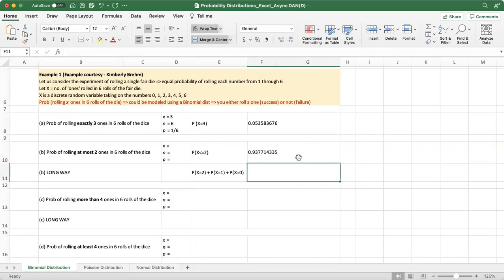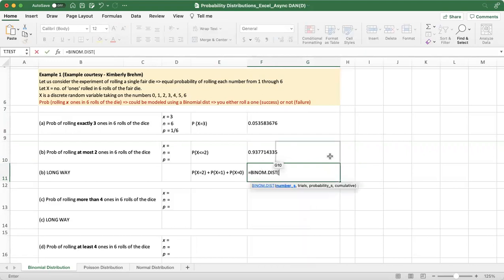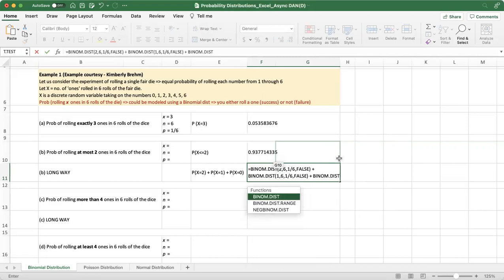Now I can actually check if this is indeed the correct answer by manually doing it the long way. So I want to do binom.dist of 2 successes, 6 trials, 1 in 6, false, plus binom.dist 1 success, 6 trials, 1 in 6, false, plus binom.dist 0, 6, 1 in 6, false.